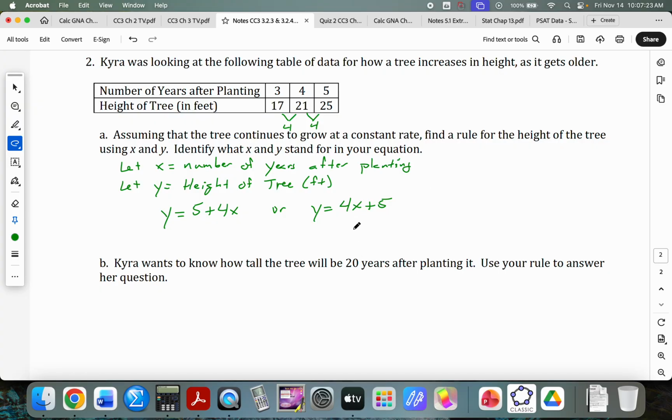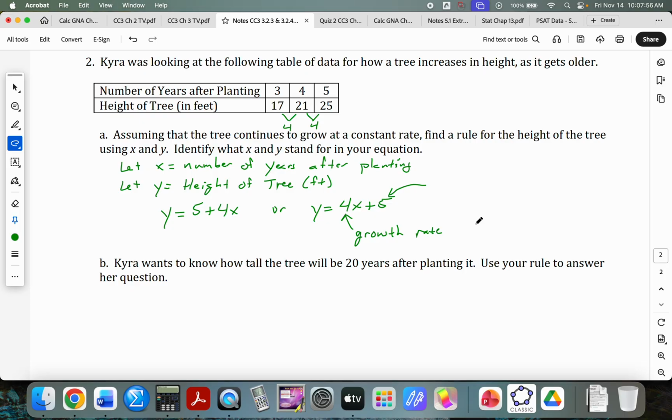Notice this part is the growth rate. How fast is it growing every year? It's growing 4 feet every year. What do you think that this number tells you? What do you mean by the starting?